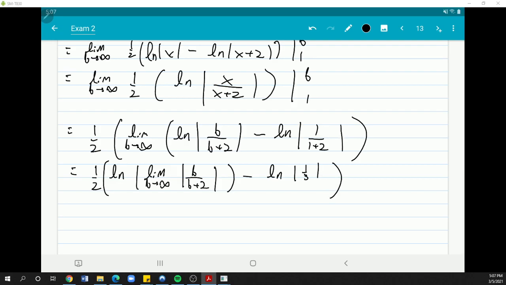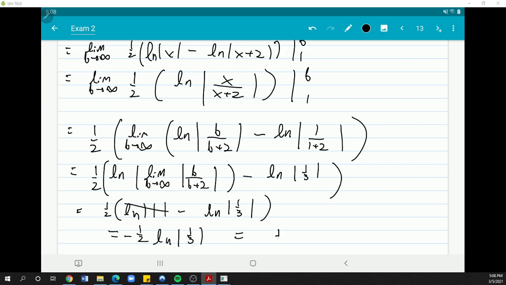So as b goes to infinity, the absolute value of b over b plus 2 is going to be going to 1. b over b plus 2 goes to 1. So this is 1/2 natural log of 1 minus natural log of 1 over 3. The natural log of 1 goes away, so this is 1/2 times minus natural log of 1/3. Or I could also write this as 1/2 natural log of 3 using log rules.